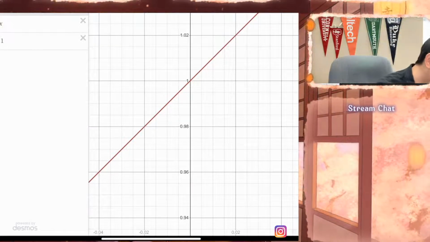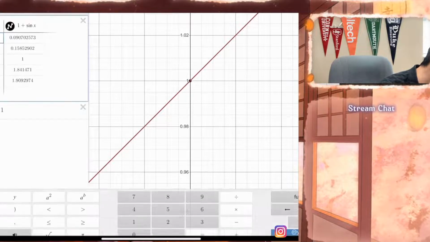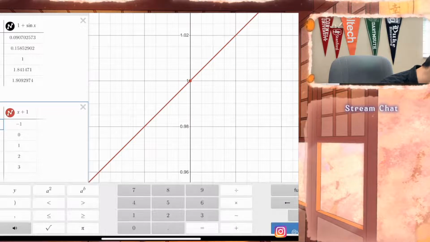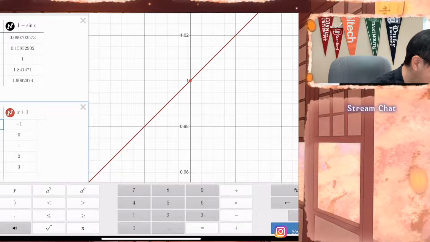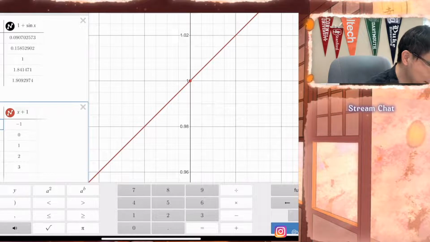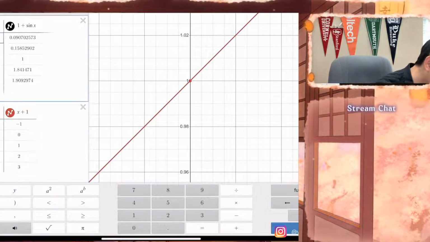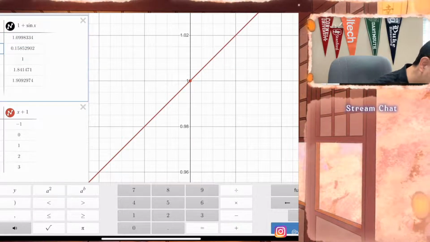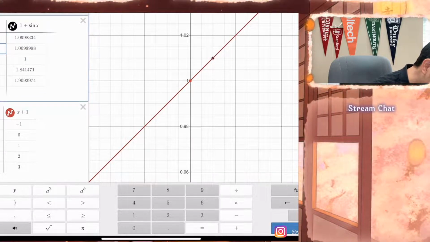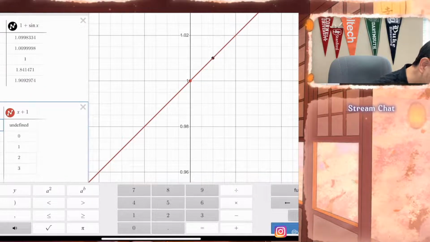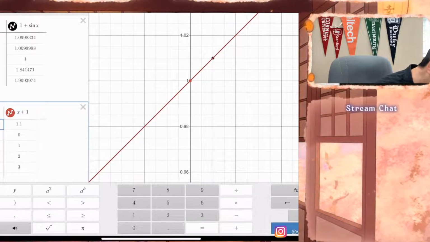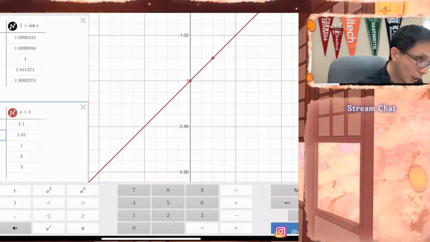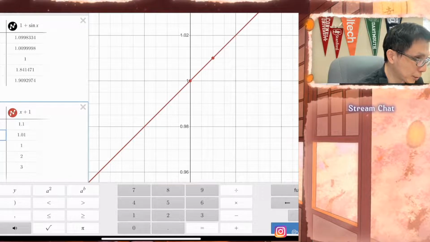If you build a table on each, not at -2, but at 0 to maybe 0.1, and even 0.01, you're going to see that they are really, really close to each other.